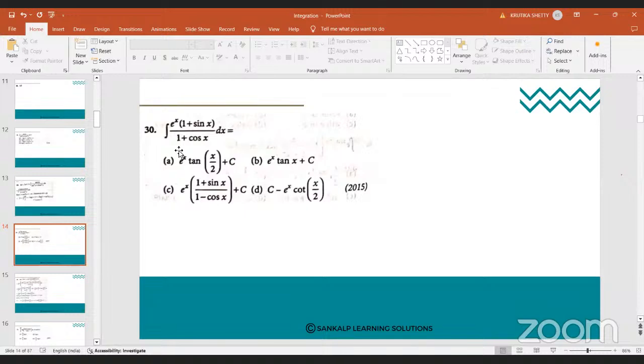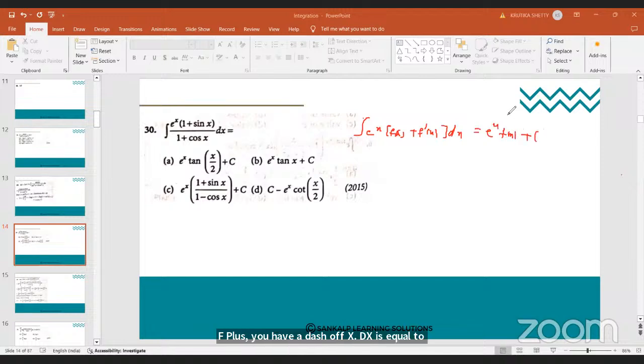The formula is: integration of e raised to x into f of x plus f dash of x, dx, is equal to e raised to x f of x plus c. So this is the formula we are using.